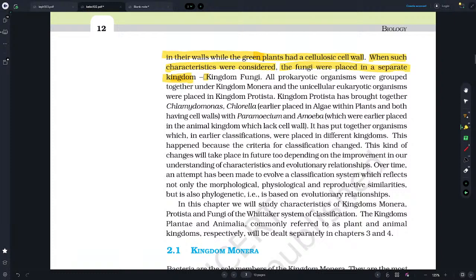This ploidy we represent as n plus n, and this stage is called the dikaryophase.